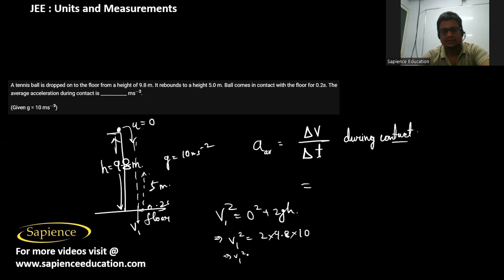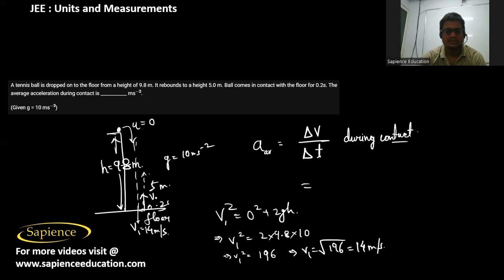So v1 square is equal to 196. So therefore v1 is the square root of 196, which is equal to 14 meters per second. So it hits the floor with a speed of 14 meters per second.